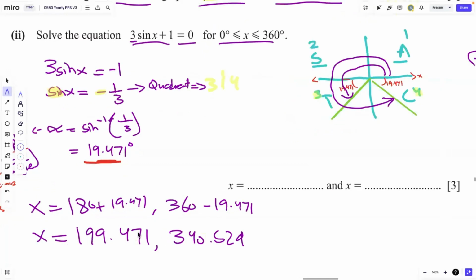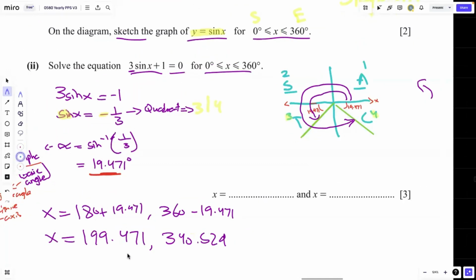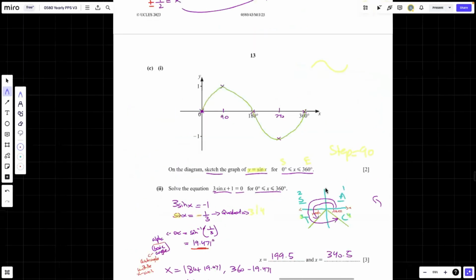Now for angles, you round up to one decimal place, not significant figures, you round up to one decimal place per angle. So this is just going to be 199.5 because 7 is greater than 5, so it gives 1 carry to the 4. And this is going to be 340.5. Those are the final answers for this part.